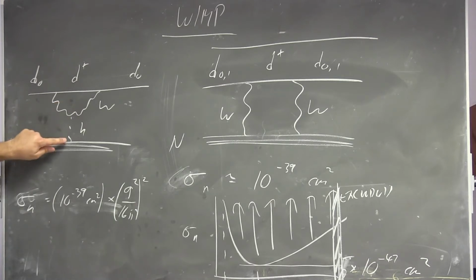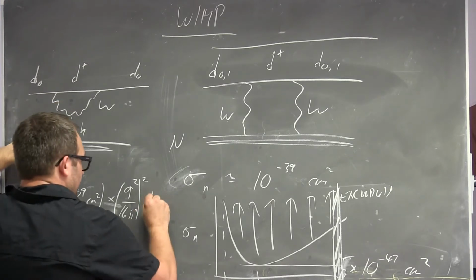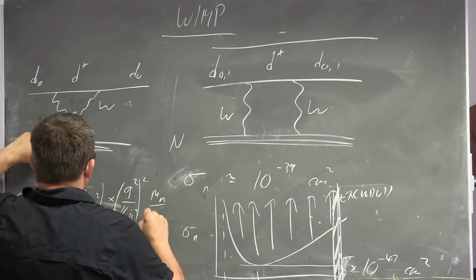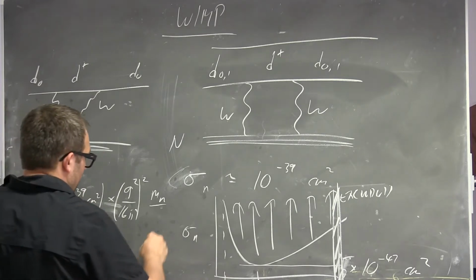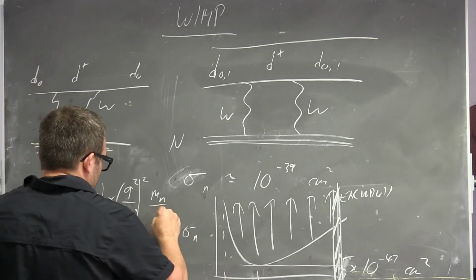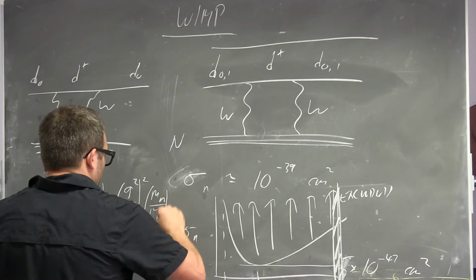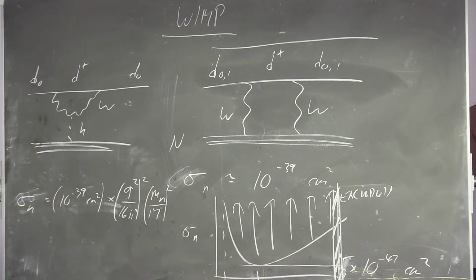And then we have a Higgs interaction with the nucleus. So that's basically roughly M nucleus over something heavier. Let's call it maybe the mass squared.